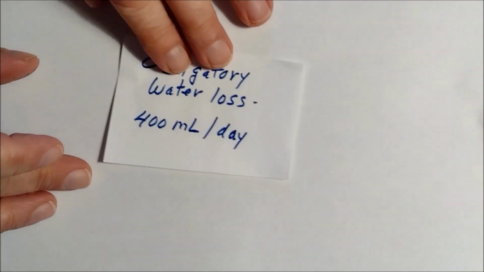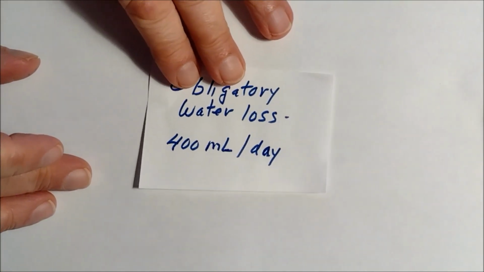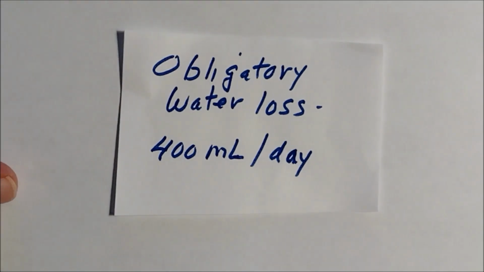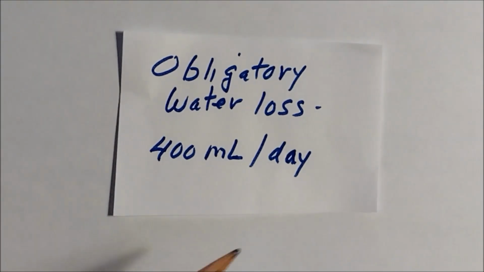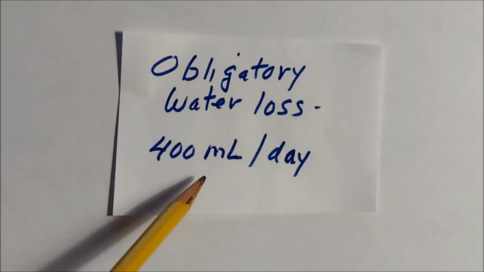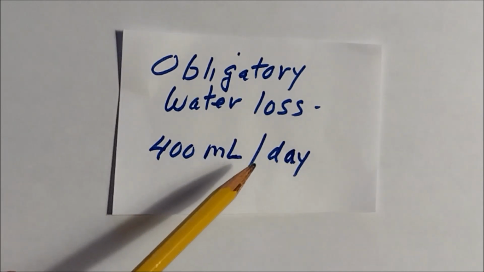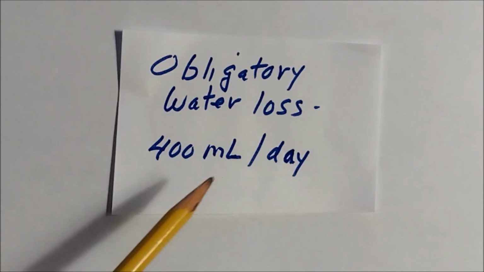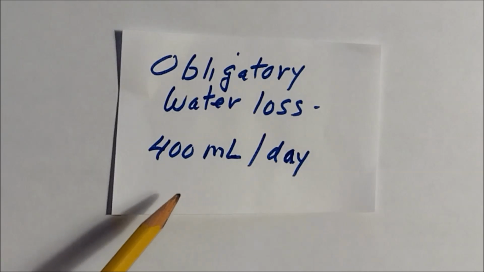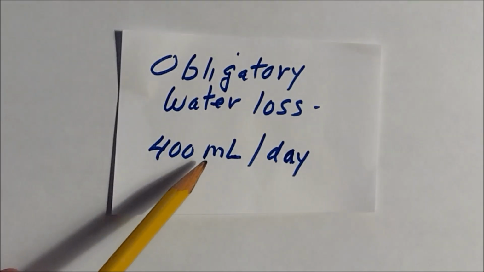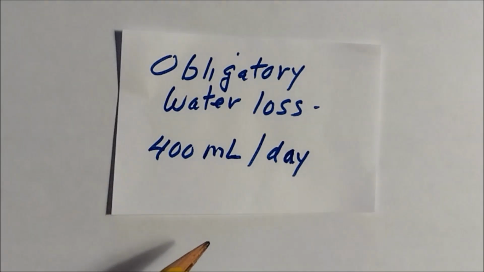Something very interesting that I always thought had a practical value was there's something called obligatory water loss, which means that every day your kidneys must make at least 400 ml worth of water in the urine. All right, that's a little bit less than half a liter. Why this minimum amount of water in the urine?